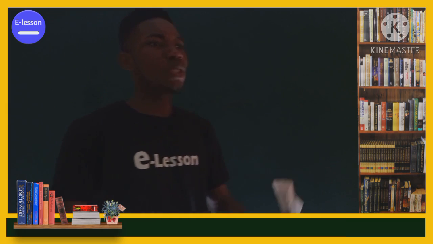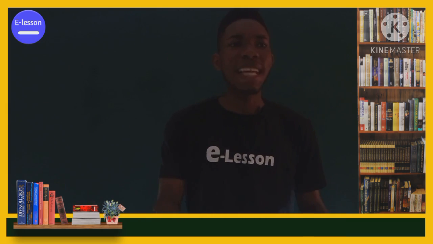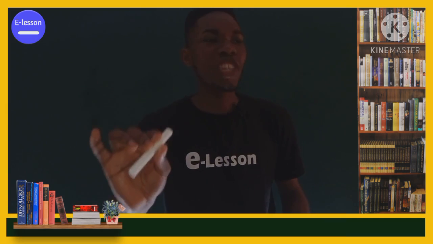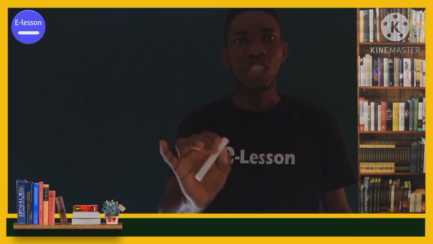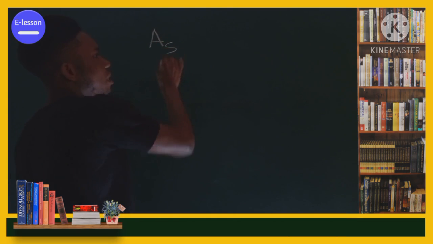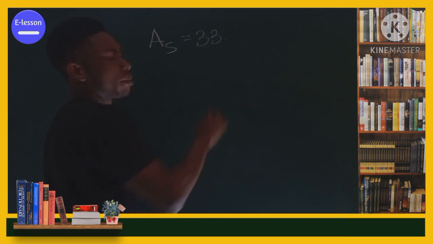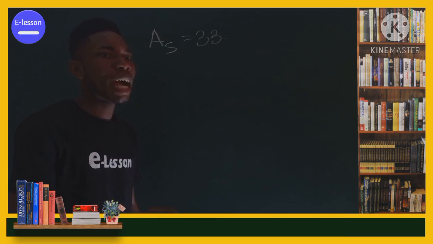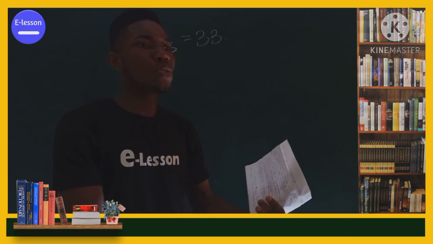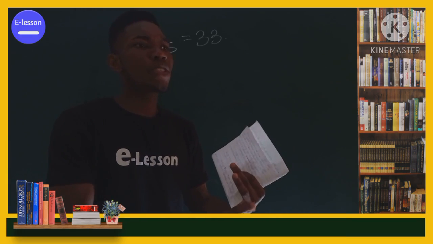For us to write the electronic configuration of any atom or element, it's essential that we know the atomic number of that element. Arsenic, As, has atomic number of 33.